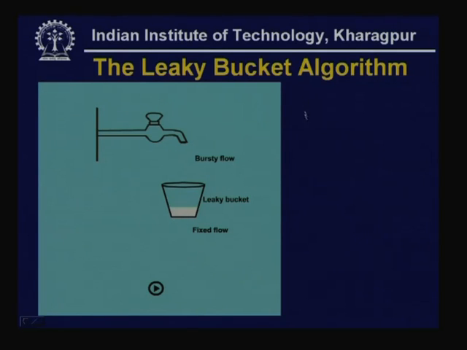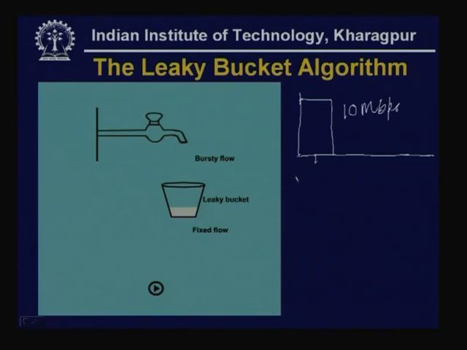So, what it essentially does: suppose the input packets generated by the source node are like this. Suppose it generates at the rate of 10 megabits per second for 2 seconds, and then for 2 seconds it does not send anything. So here it is bursty in nature.